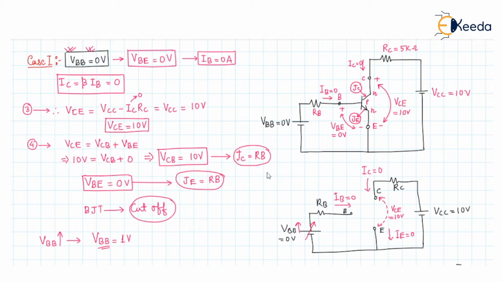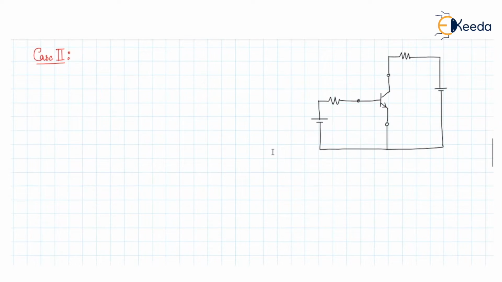So what will happen when we increase the VBB voltage to 1 volt? So in case 2, what we have done, we have made the VBB voltage 1 volt, which was 0 volt earlier in case 1.